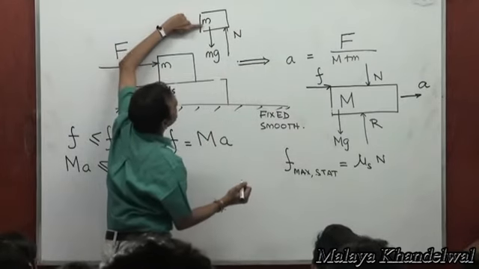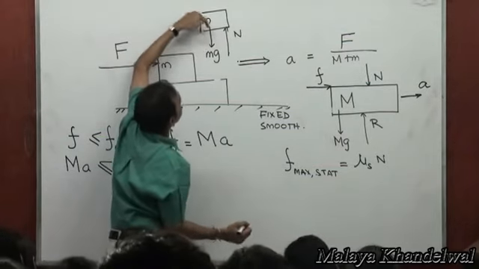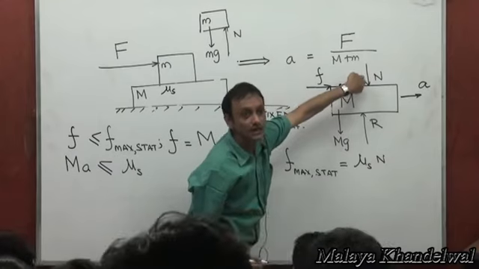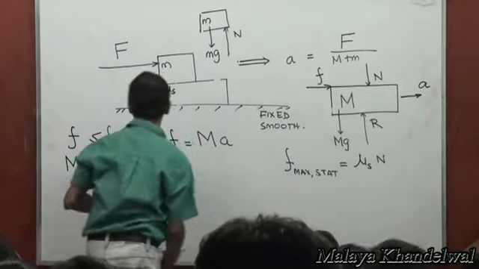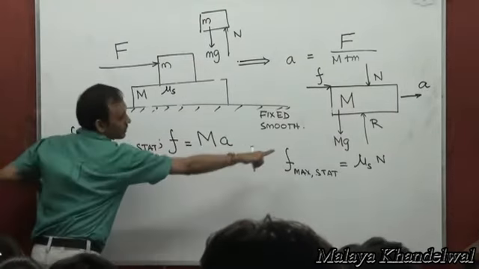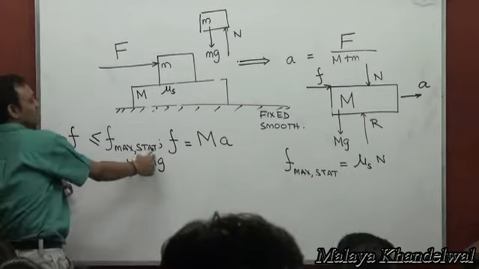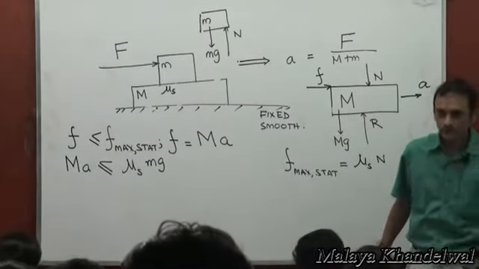So if there is no vertical acceleration of small m, N is equal to mg. The same N small m exerts on capital M. That means this N is small mg, not capital Mg, but small mg. So less than or equal to mu s into N, that is small m into g. Maximum static friction is mu s into small mg, right?